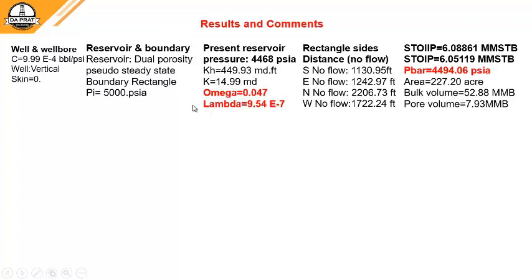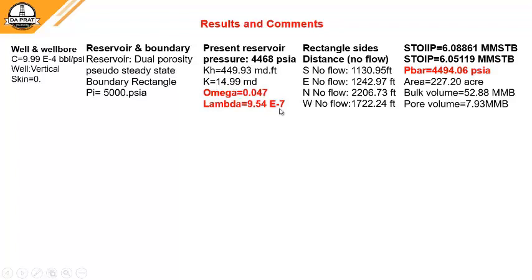Then you have a lambda value, which is e to the minus 7. Well, you can say minus 7 is small, minus 6 is small, but in this range of lambda values, it's not as small. So we can see the transition, the feeding.